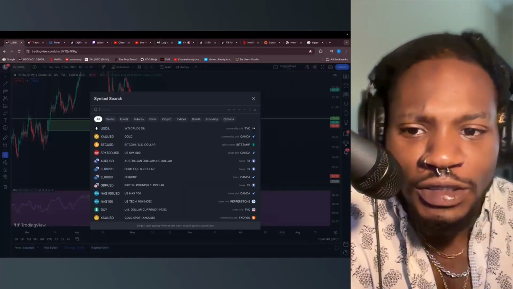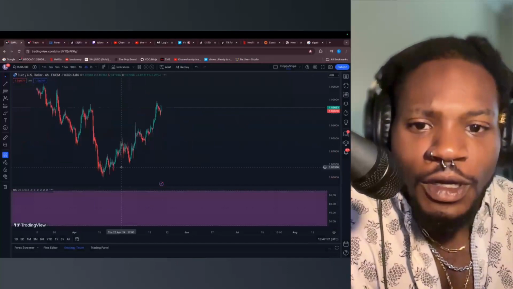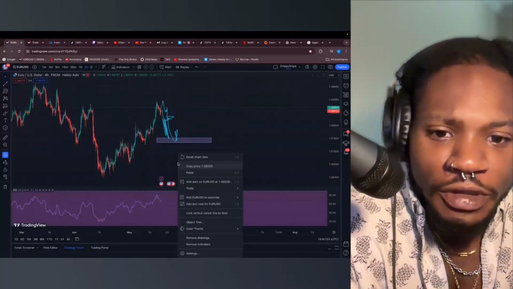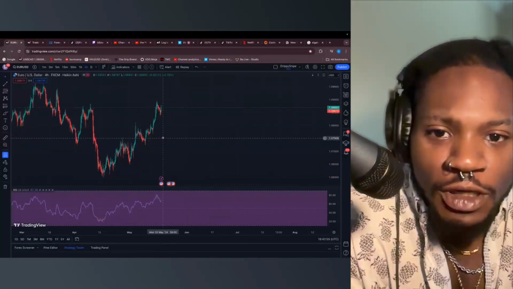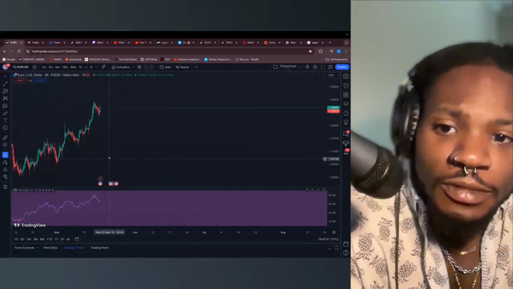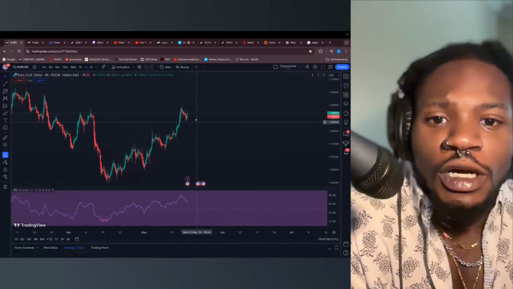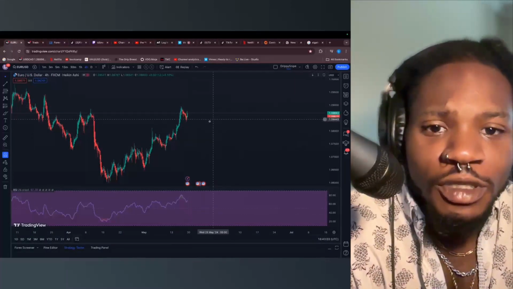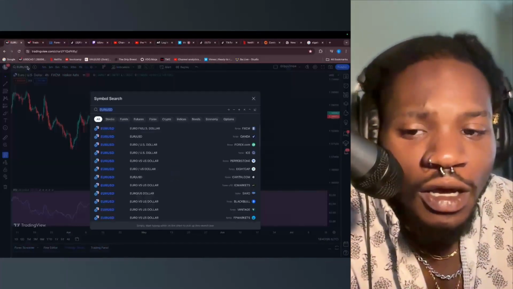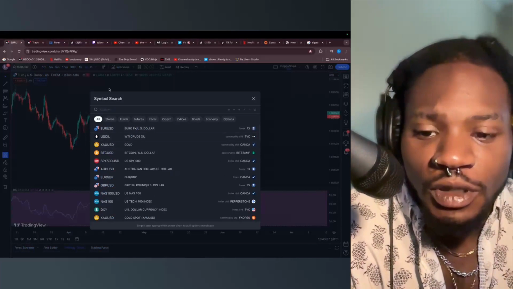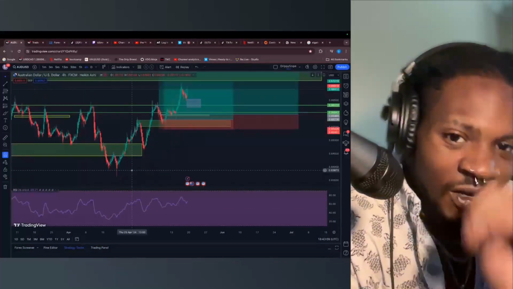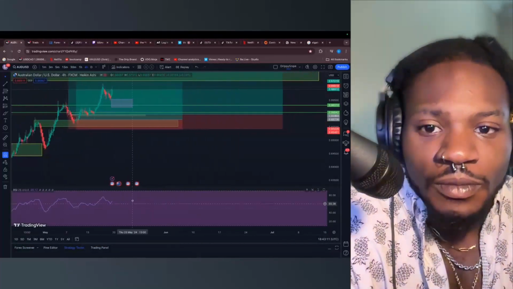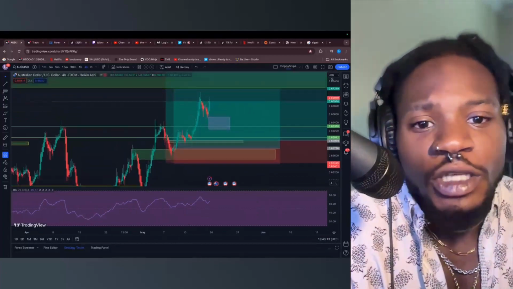I'll go back and refresh y'all on what I'm actually trading. Let me clear these drawings. I'm going to be looking for sell setups on the euro dollar, and these levels that they're in for real. Definitely be looking for those, and then I'm also going to be looking for some Aussie dollar sells.